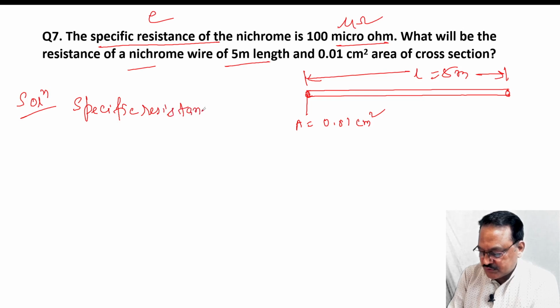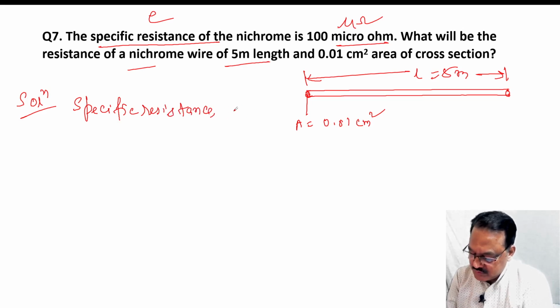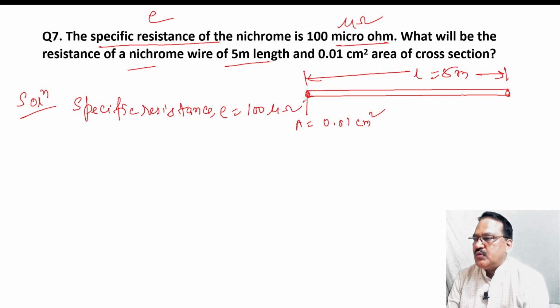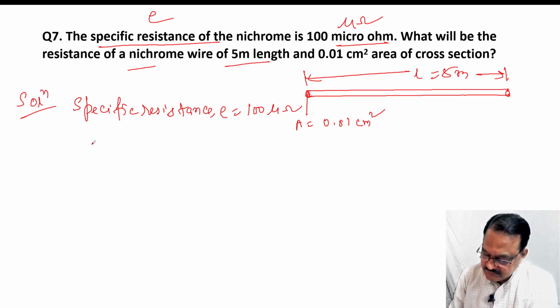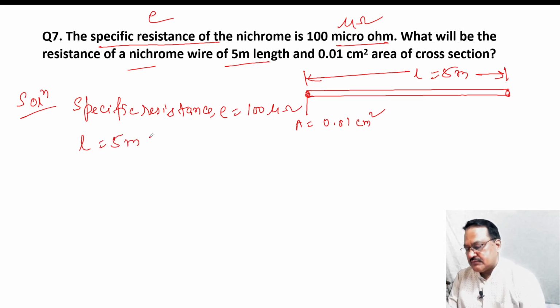This is called resistivity or specific resistance, all the same. Rho is given here how much? 100 micro ohm. Micro ohm is given here. Okay. Then length. How much length is given? Length is 5 meter. See, we have to see here for solving this question, what will be better to convert from meter to centimeter or from centimeter to meter?